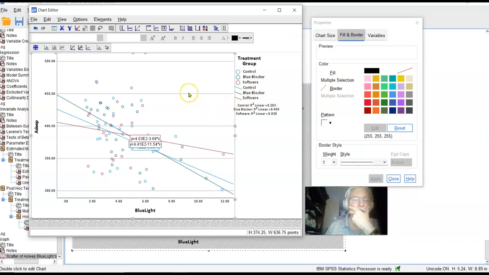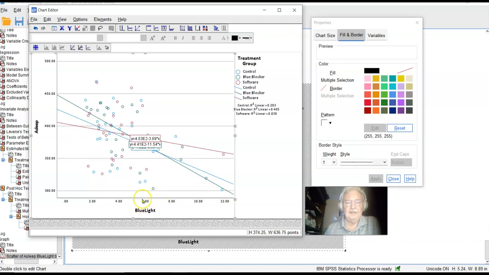Now, in general, you can say that the more blue light you have, the less sleep you get. So the more exposure, the less sleep.